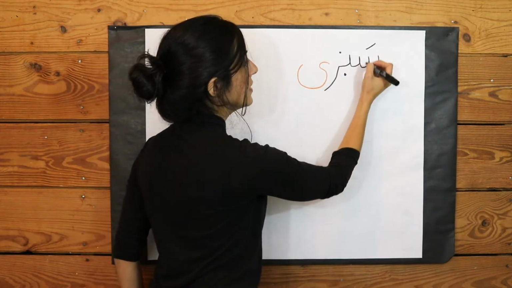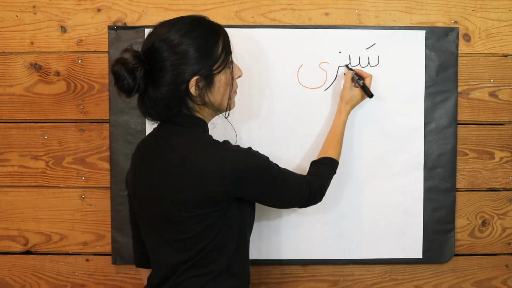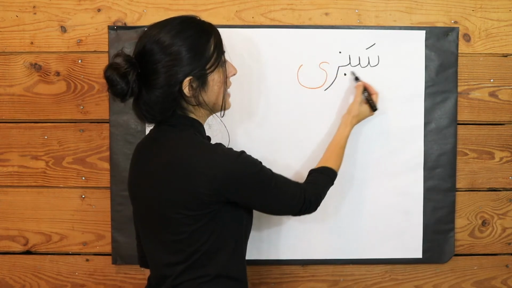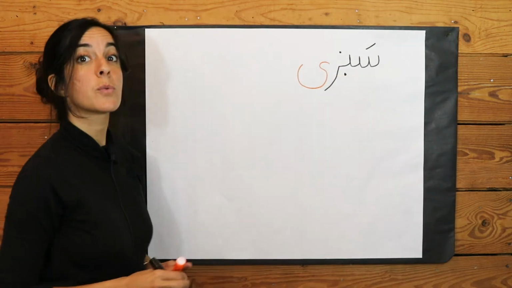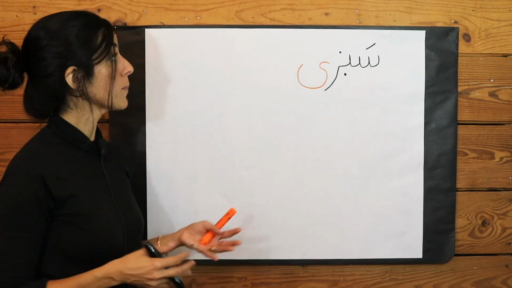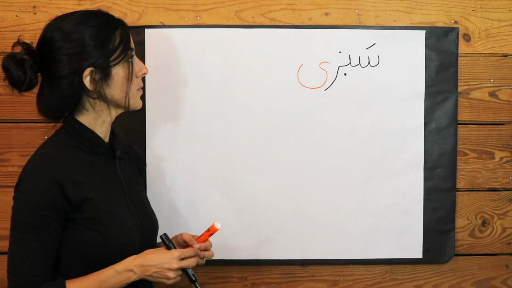So this is our se, and it has an a above it, so it becomes sa, be, ze, and e becomes sabzi. And that is the word for greens. So korme sabzi, you might know, is a really popular Persian dish. It means it's gourmet greens, korme sabzi.